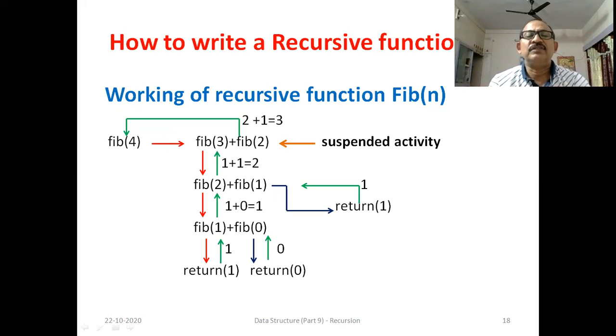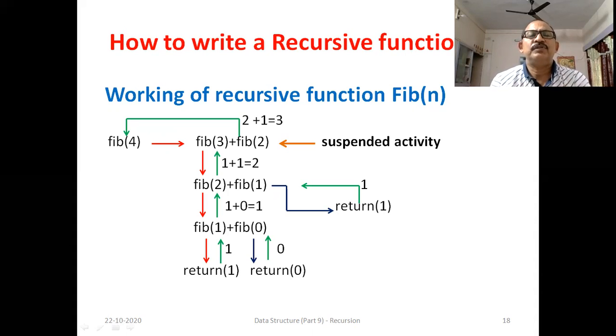Now here, what is the suspended activity? fib(1). The system now calls the function fib(1), and the function returns the value 1. Now fib(2) is 1 and fib(1) is 1. So 1 plus 1 is equal to 2, and this 2 is returned to the previous calling place, that is fib(3).